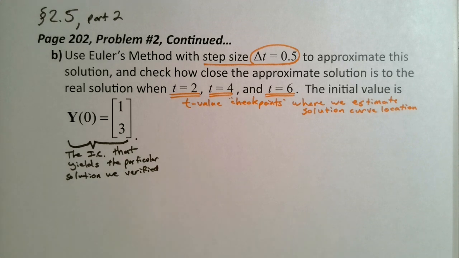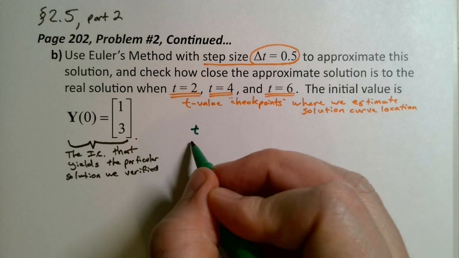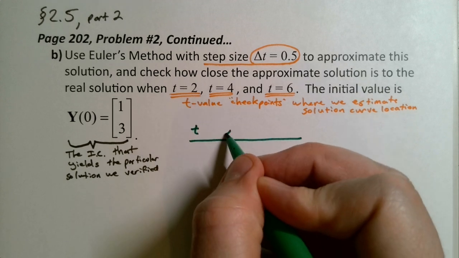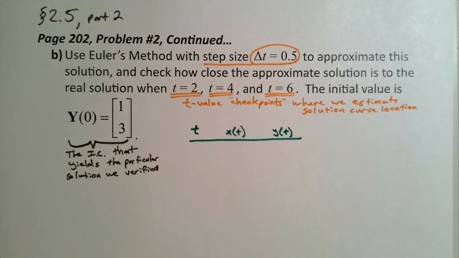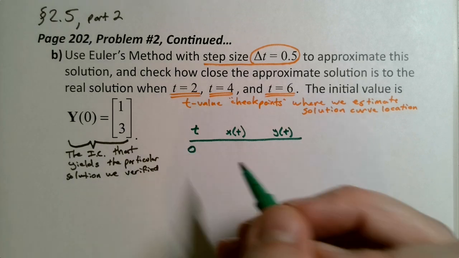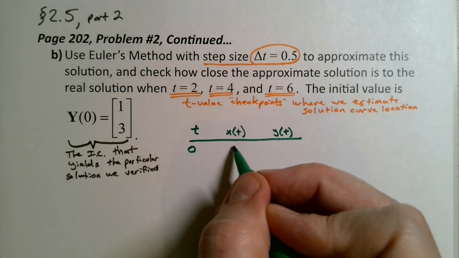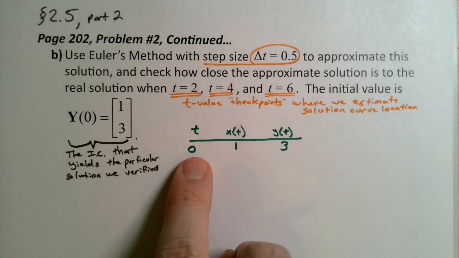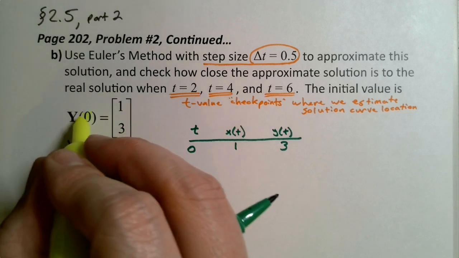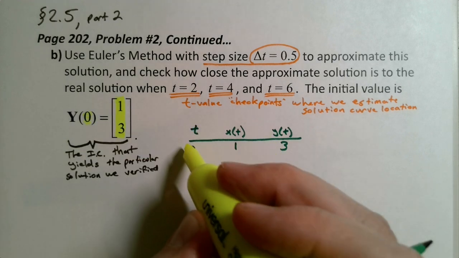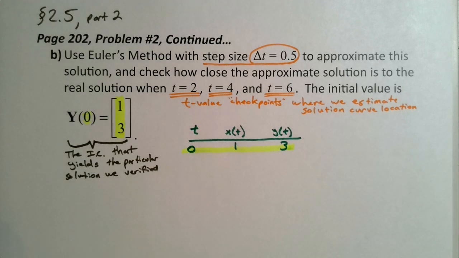So what we're going to do now is find out what happens when we come up with some predictions. We're going to predict for specific values of t what happens for x of t and what happens for y of t. Well, it's not much of a prediction. We know the value of x and y when t is 0. That's our initial condition right there. So I'll draw attention to that. That's where we're starting off.